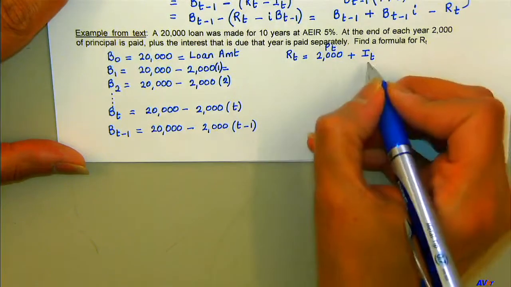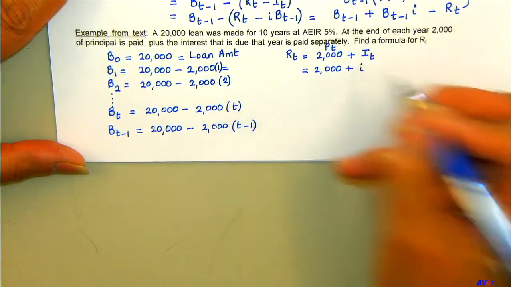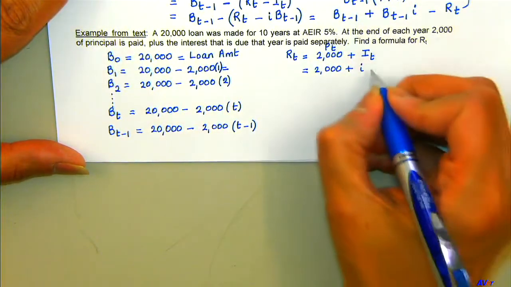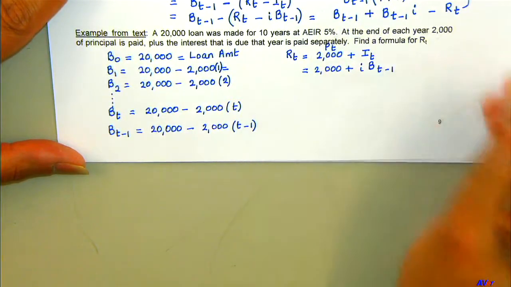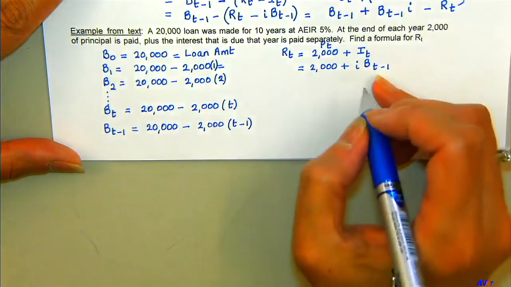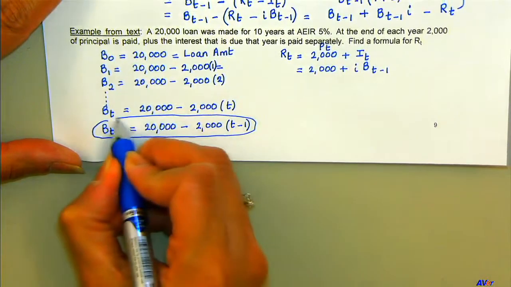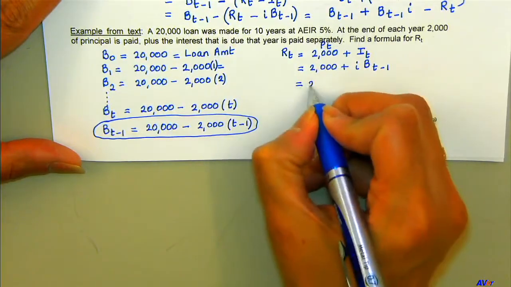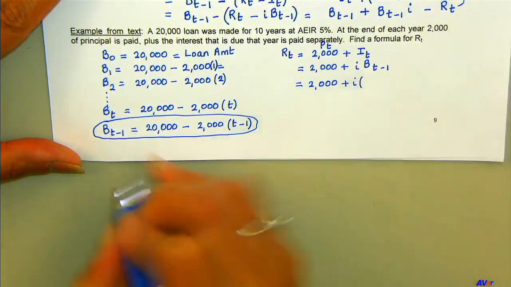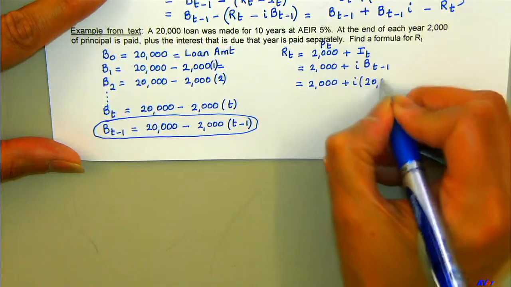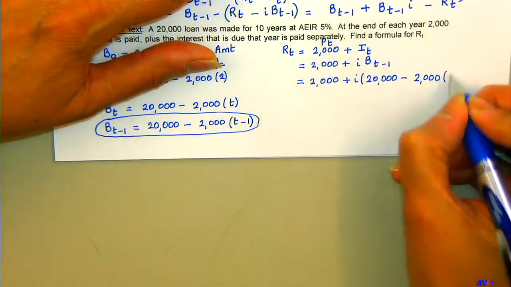Go and replace this I_t by i times OLB_{t-1}. So I don't have to write OLB anymore, just B_{t-1}. And B_{t-1} is given by all of this right here. So go put that in. So it's equal to 2,000 plus i times this mess right here: 20,000 minus 2,000 times (t minus 1).